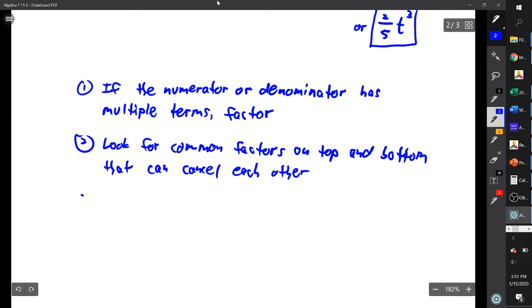And then step 3, do any further possible simplifying.